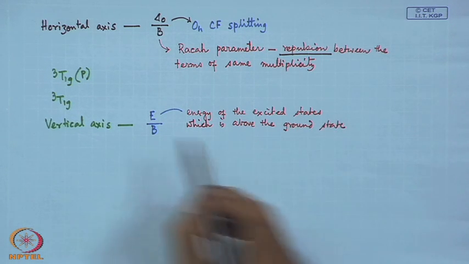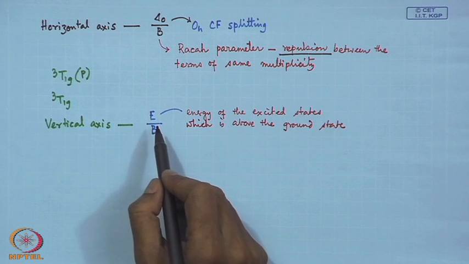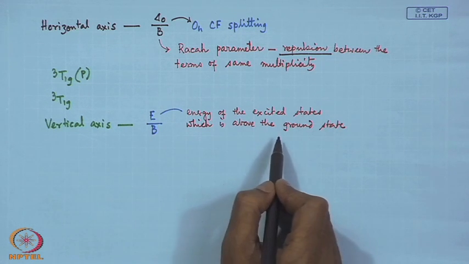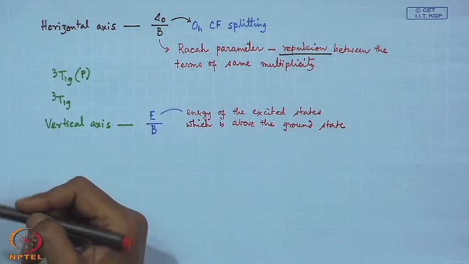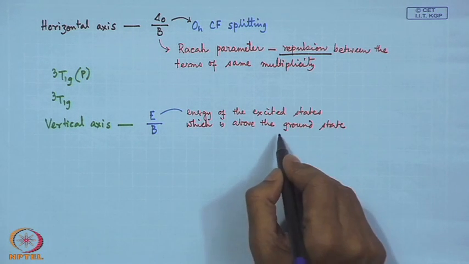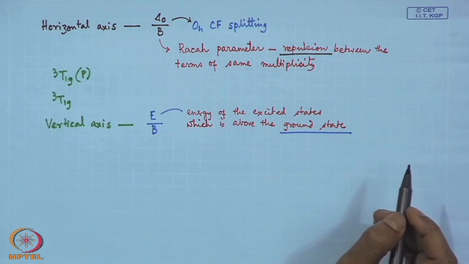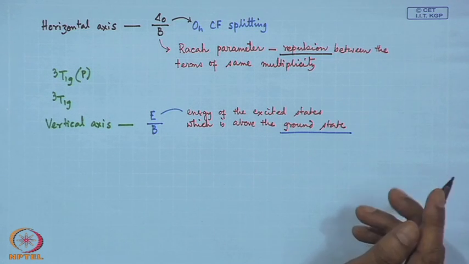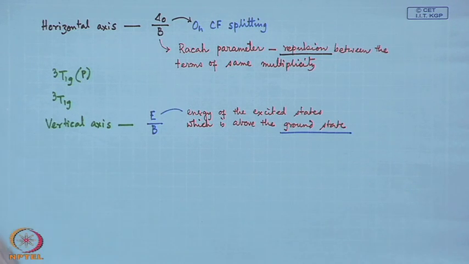So, the E values are measured by how much they differ compared to the ground state energy. The relative ground state will all the time be the reference, and with respect to that relative ground state we measure all the transitions for these cases.